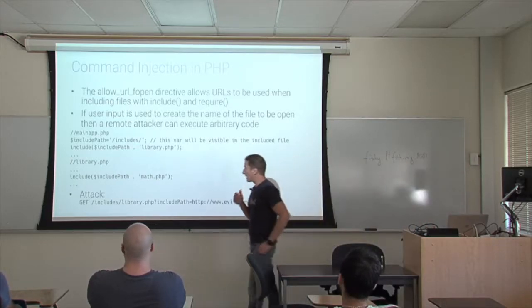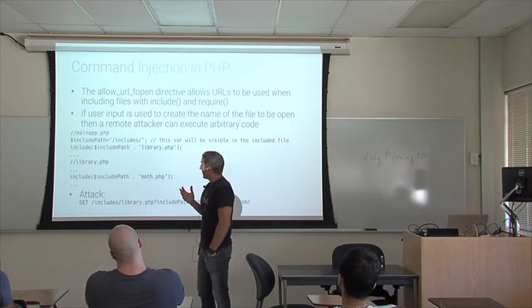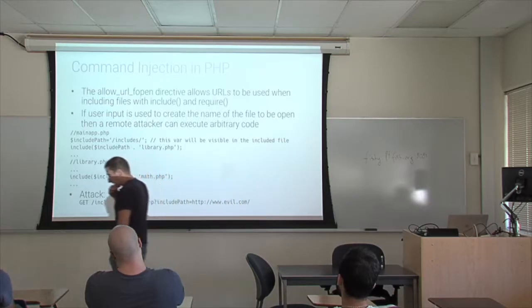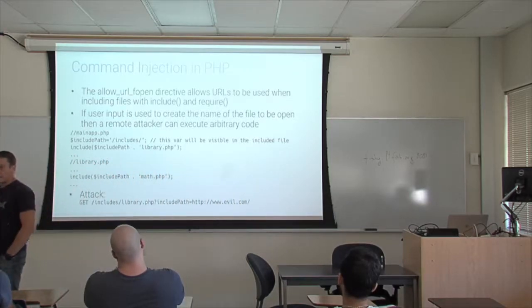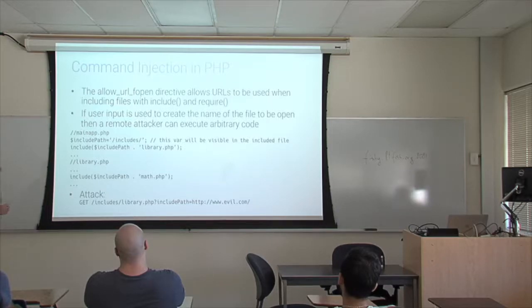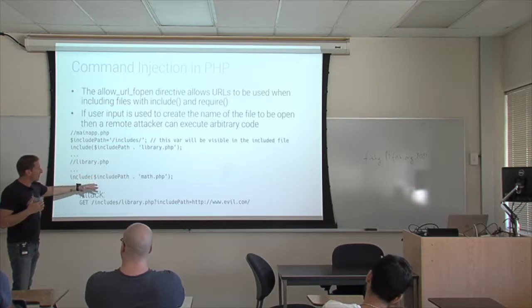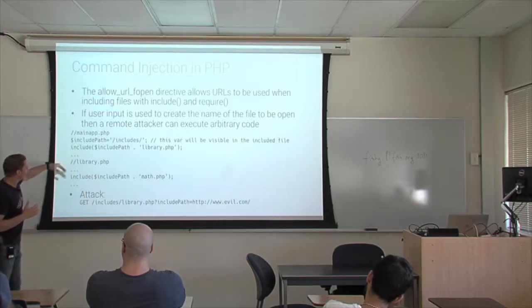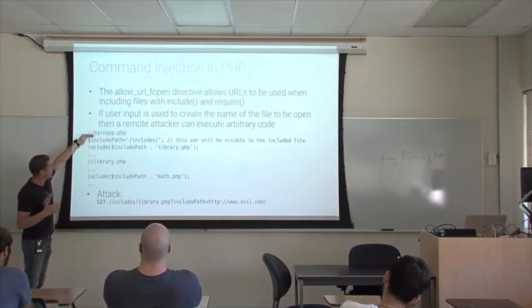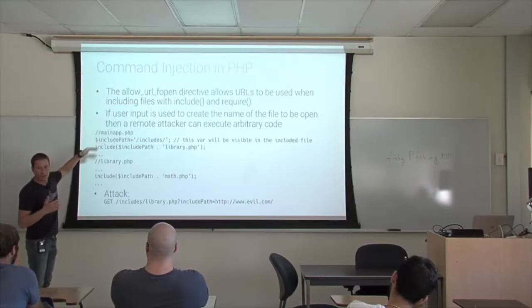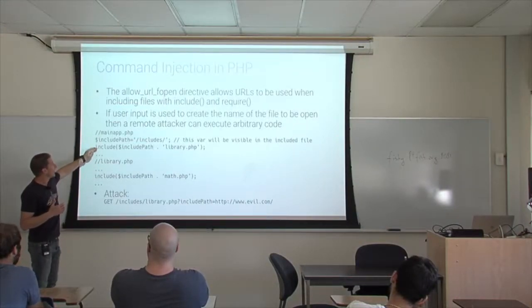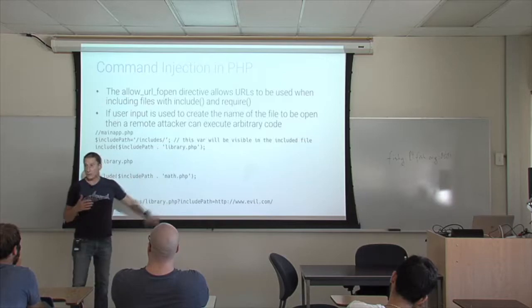Another problem is the fact that sometimes, and this is an example of an attack like that, people don't even understand where certain variables are included. So look at this example. There is the main application, there are global variables that are set, and then there is a library that is included, okay?